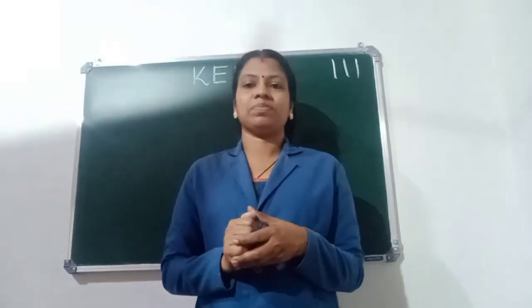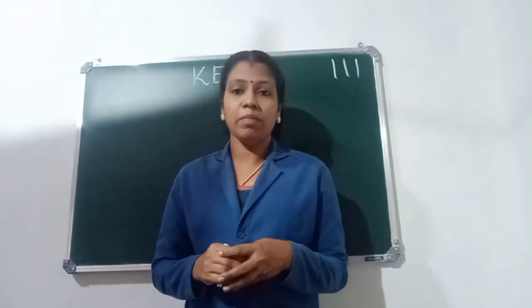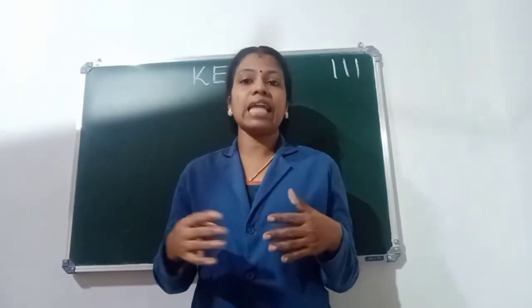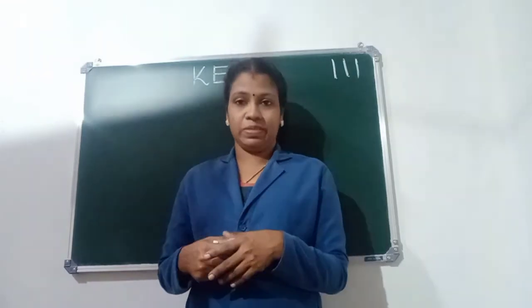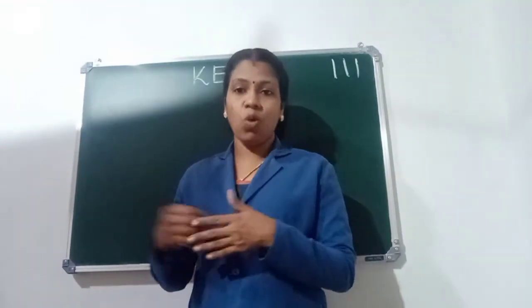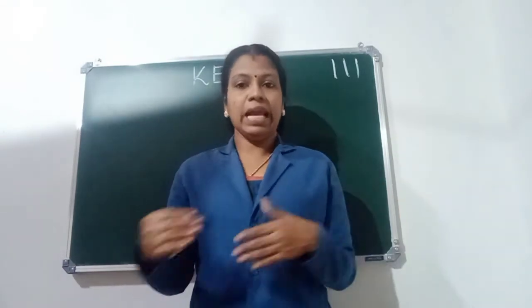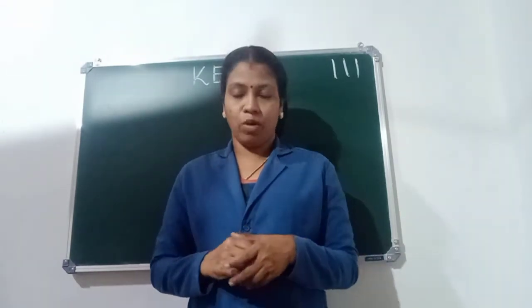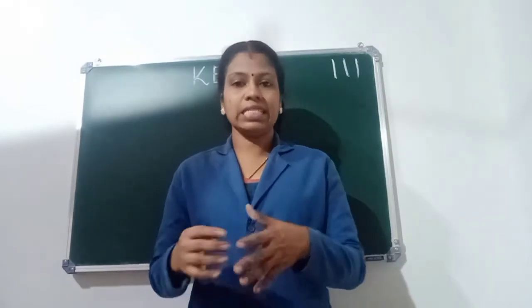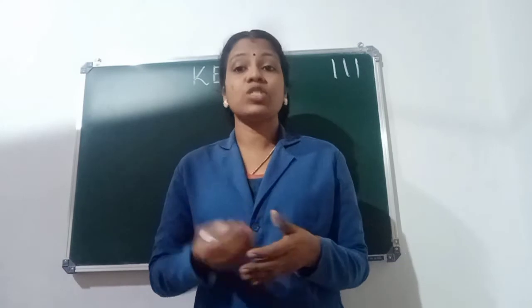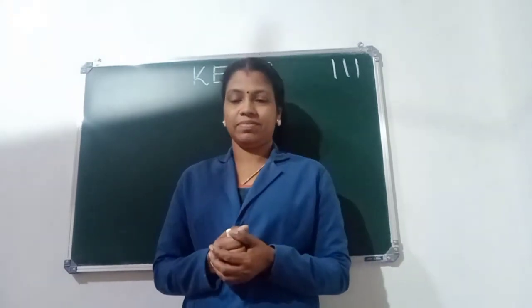Very good. Today we shall learn about solid shapes. We know that shapes are classified into two groups, plane shapes and solid shapes. Already we learned the plane shapes and their properties. Now, next is solid shapes. Solid shapes are solid figures.